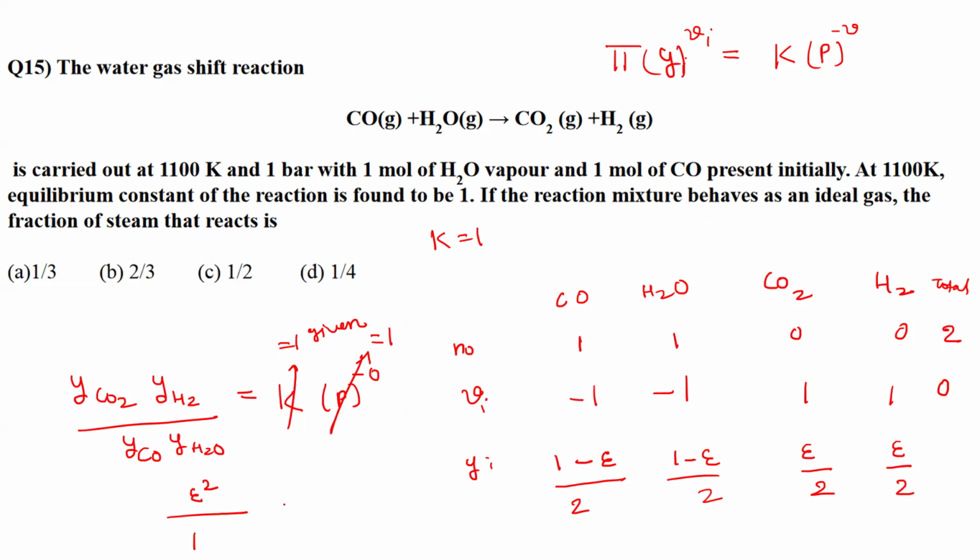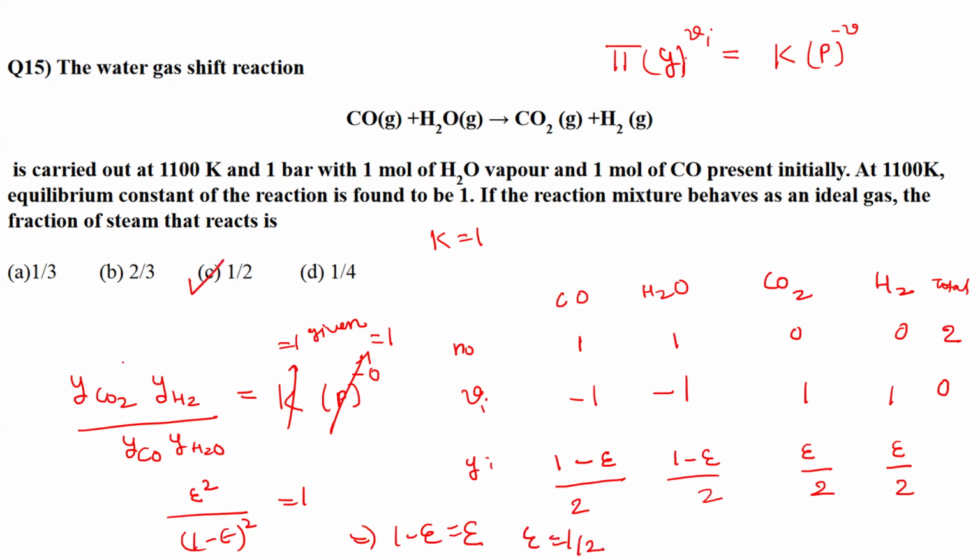It implies 1 minus epsilon is equal to epsilon, as the square root is taken. We cannot have 1 minus epsilon equal to minus epsilon, it is not true. Therefore, 1 minus epsilon is equal to epsilon. Therefore, epsilon is equal to 1 by 2.